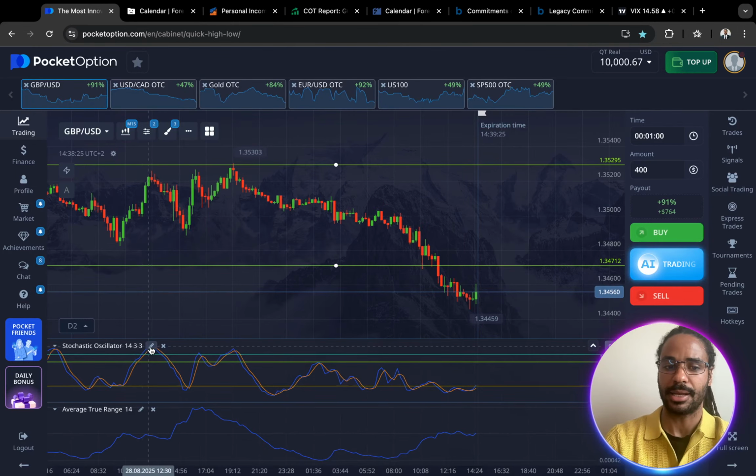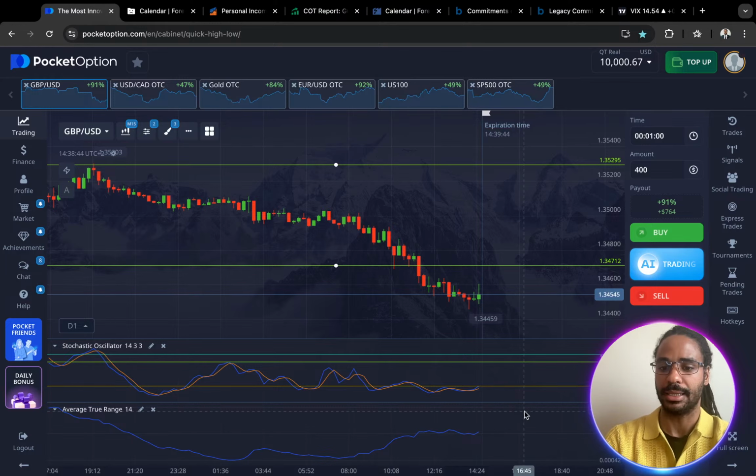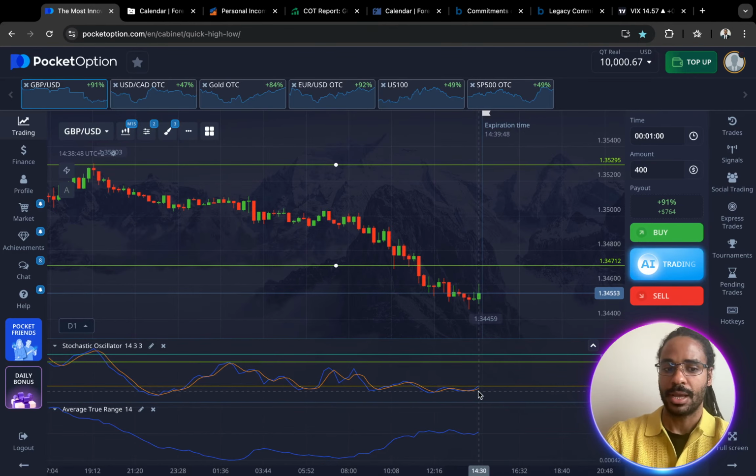My inputs are 14 and 3, using a smoothing period of 3 as well. Now we are having the crisscross of the lines over there, as you can see, entering the 20 range. This is an oversold area, but it's not really coinciding with my average true range.